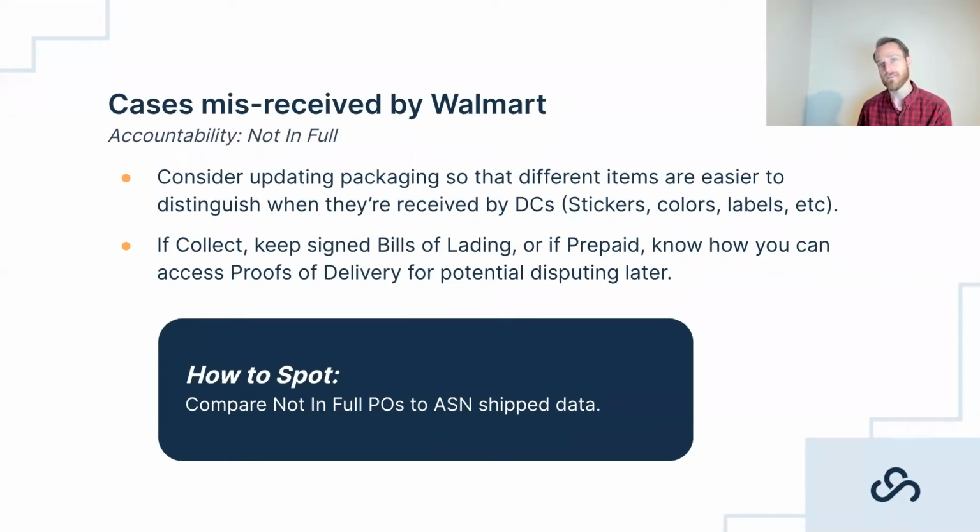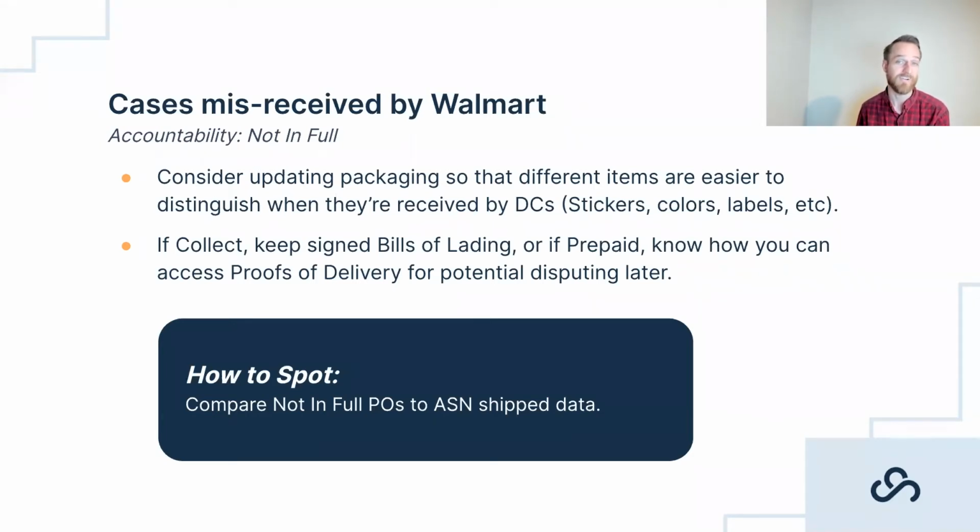This is hard to prevent and mitigate because Walmart has their own receiving process. If you are shipping in full and Walmart is incorrectly receiving those goods, that's hard for you to fix yourself. But some suppliers have a greater problem with this, and if you do have a more significant problem, you might consider some of these things.